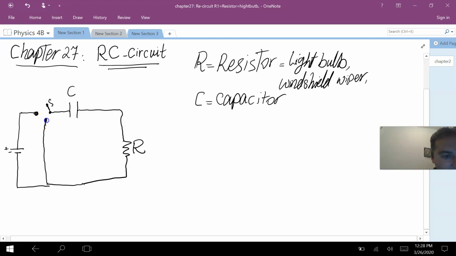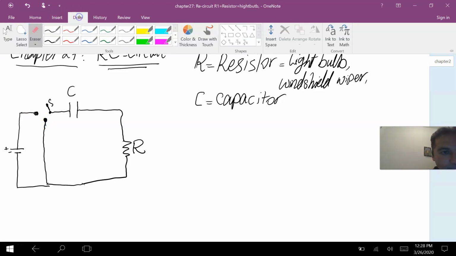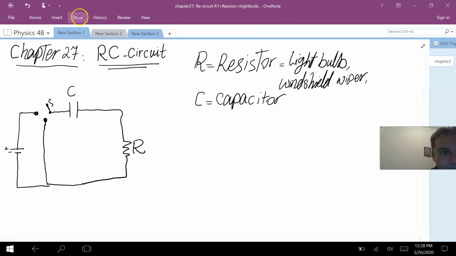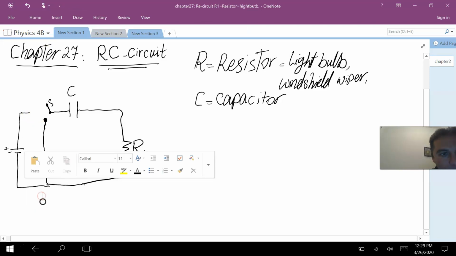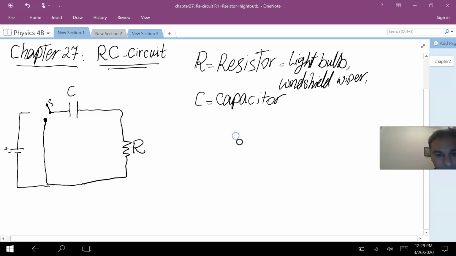So let's call this one position A, this one position B, and this is switch S. So far makes sense?